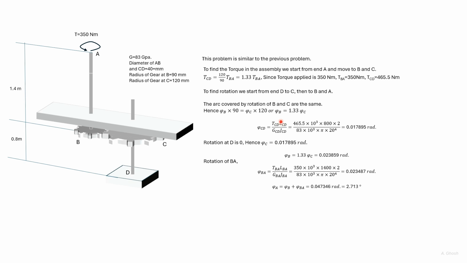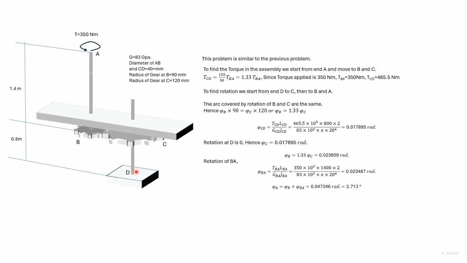And here the ratio of the angle of twist is given. To find the torque, we started from this end and found the torque in CD. To find phi, we start from this end. Phi at D is 0.